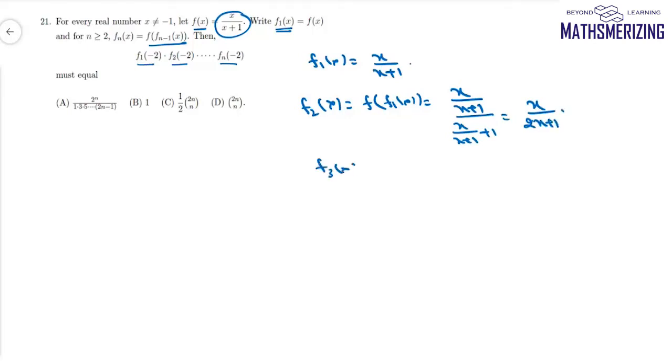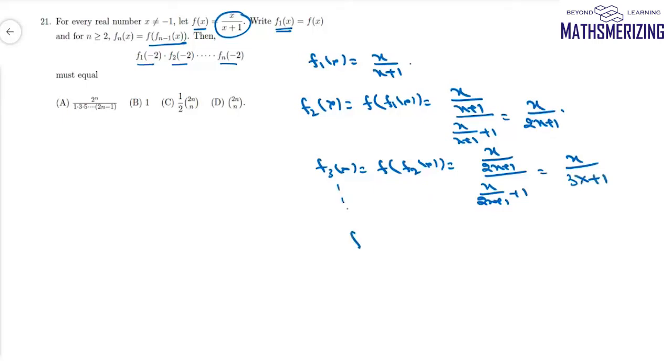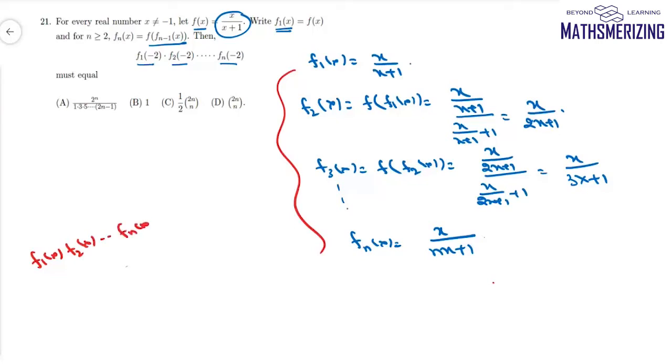In the same way, f3(x) will be f of f2(x), so it will be x/(2x+1) over x/(2x+1) plus 1, which is x/(3x+1). We'll continue like that. Then we can write fn(x) as x/(nx+1). Now if we multiply them, we can write this as f1(x) into f2(x) into fn(x).